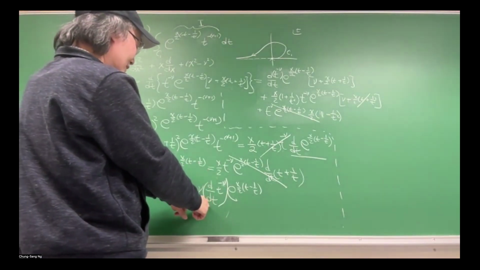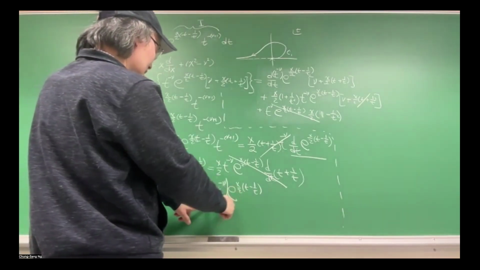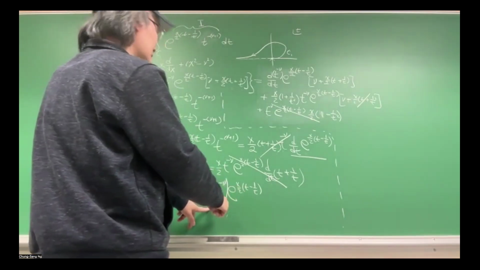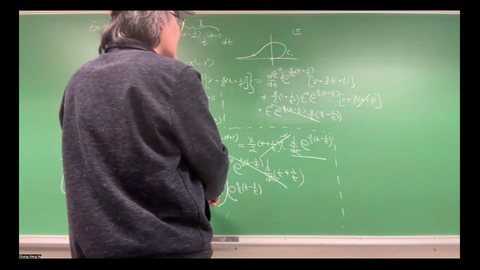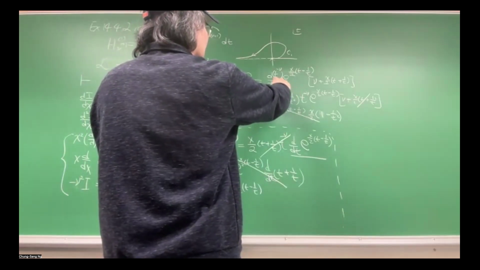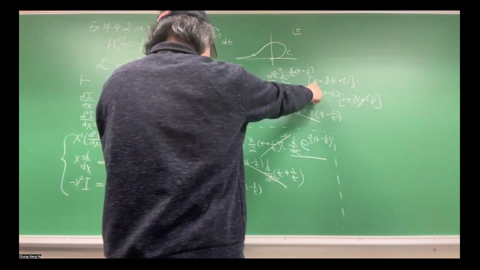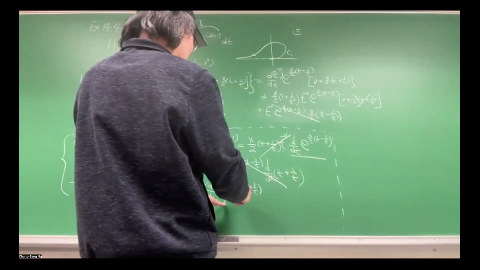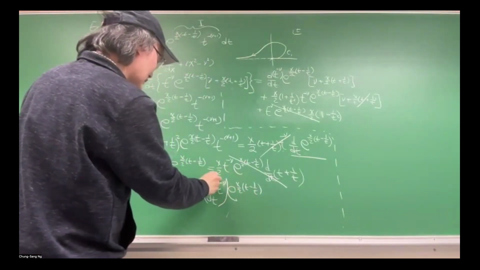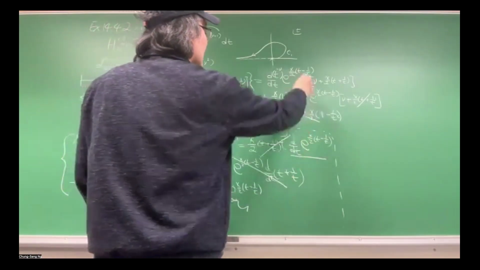So now this one is d/dt of this one and the exponential function, and then multiplied by nu. So basically this factor is d/dt of that exponential function and nu. This one cancels with this one.